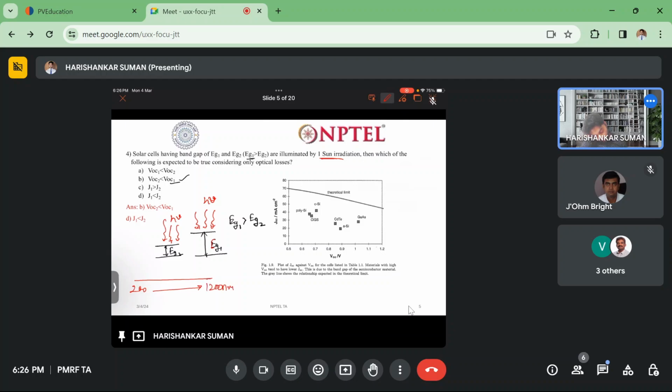Which material gets more number of photons, Eg1 or Eg2?